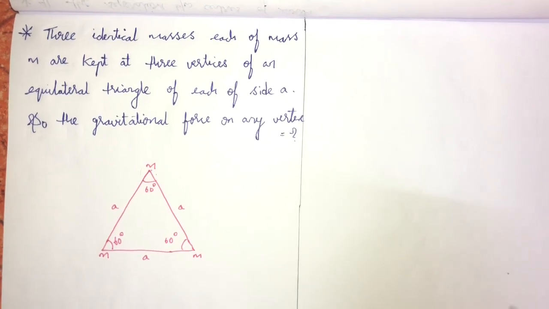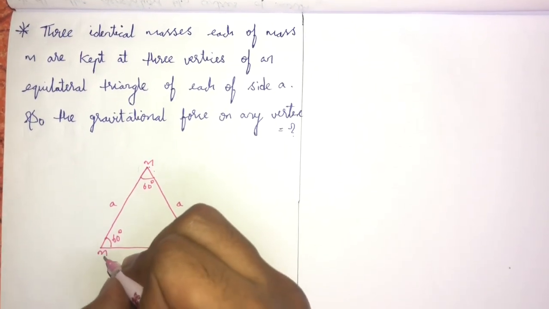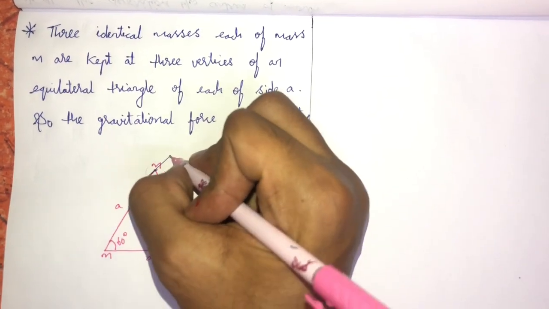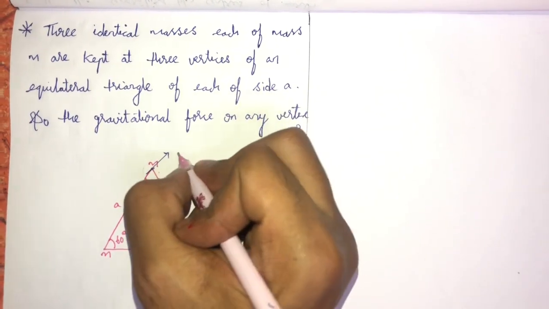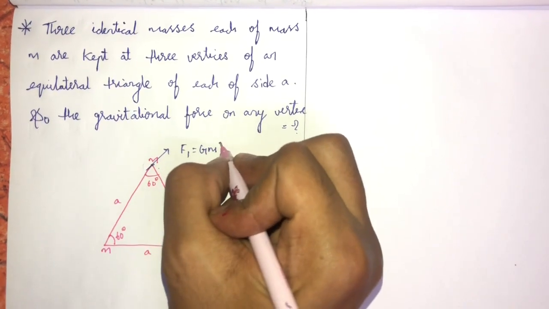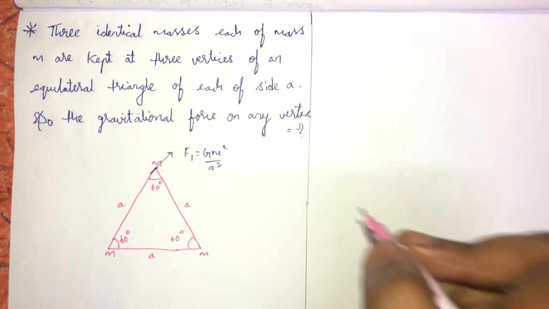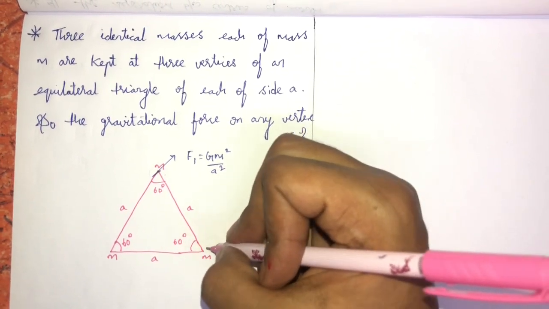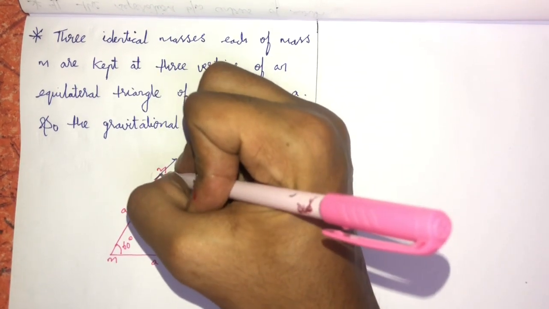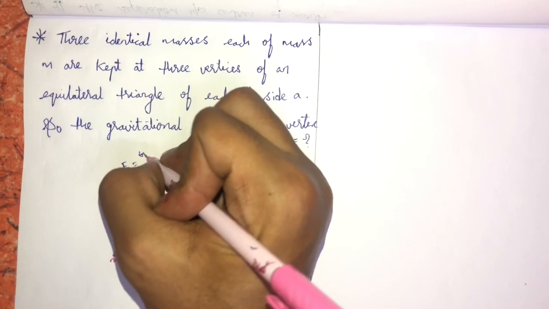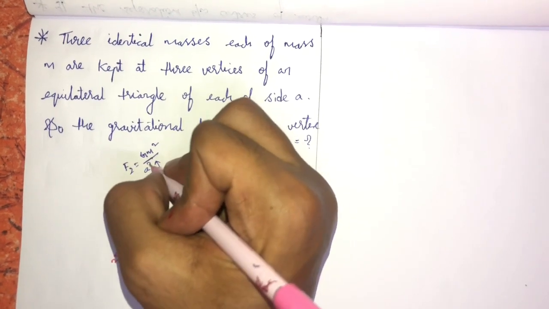So gravitational force, mass m on this m will be equal to F1, that is nothing but equal to G m square by a square. Then the gravitational force of this mass m on this will be equal to F2, G m square by a square.